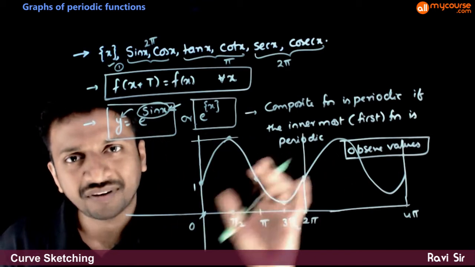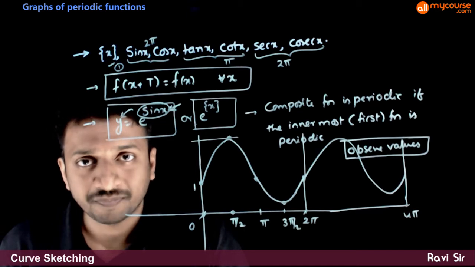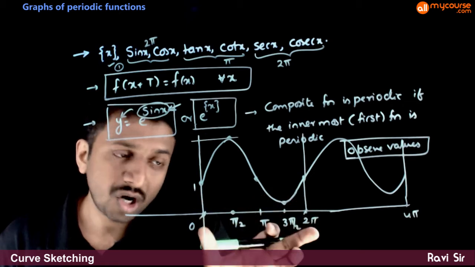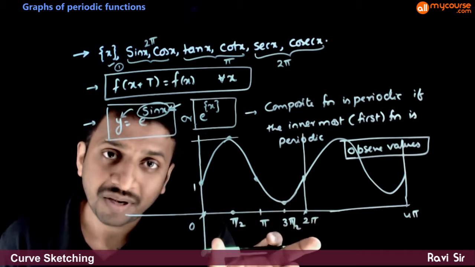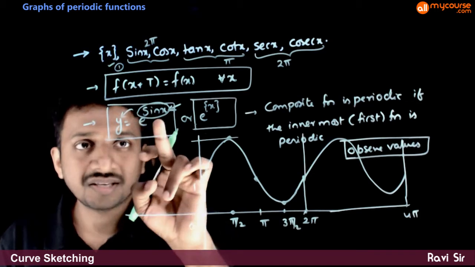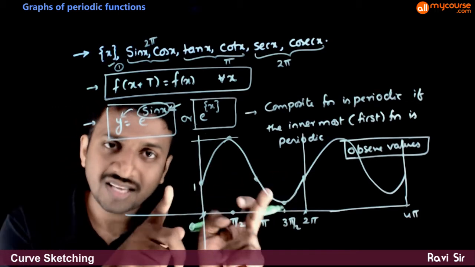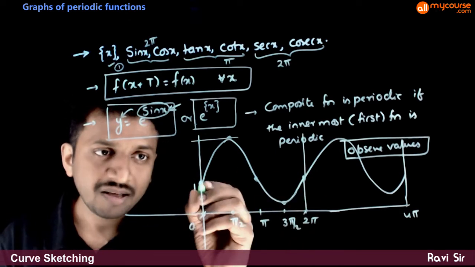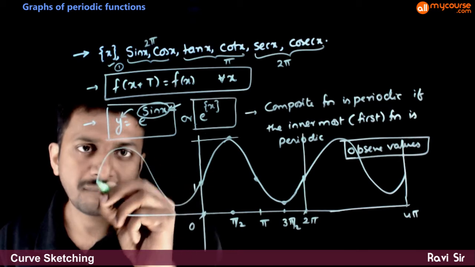If you have rough graphs, that will be enough for solving questions. Once you draw the graph in one period, you just need to extend it again and again. So this is the graph of e power sin x. The same graph will repeat here also. This graph can be extended backwards, and so on like this.